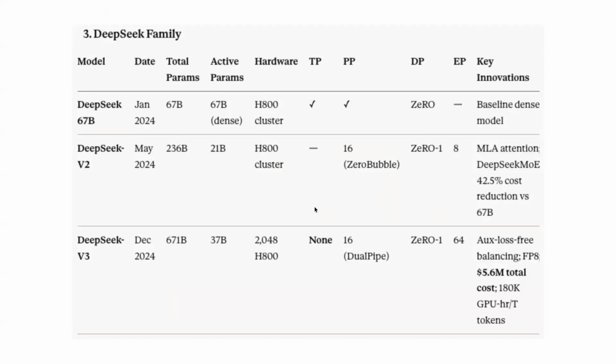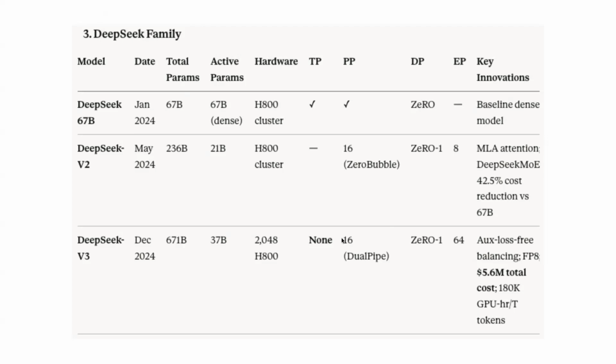Additionally, they don't use H100, they use H800, and I think that H800 has a slower NVLink speed, which means that the ceiling for efficient communication inside of the node is lower, and that decreases the attractiveness of tensor parallelism for them. So that's why we don't see tensor parallelism here.